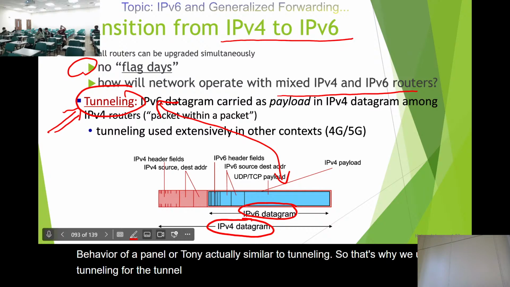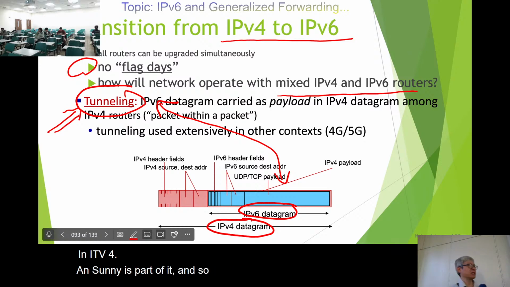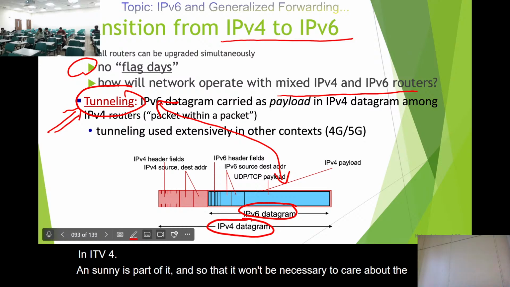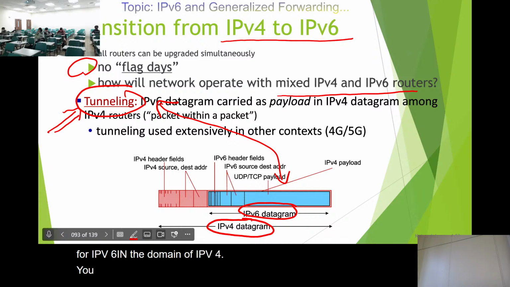You see, the IPv4 datagram carries us the payload in IPv4, and so it's tunneling, and you won't need to care about the details of IPv6 in the domain of IPv4. Well, you can check it, and we have the standard.